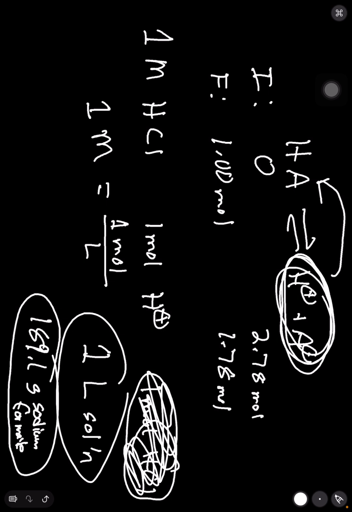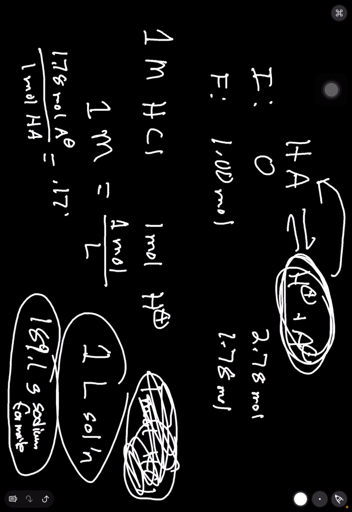Again, if you wanted to scale down on this, you certainly could, right? For example, instead of having a ratio of 1.78 moles to 1, you could have scaled that down by a factor of 10.